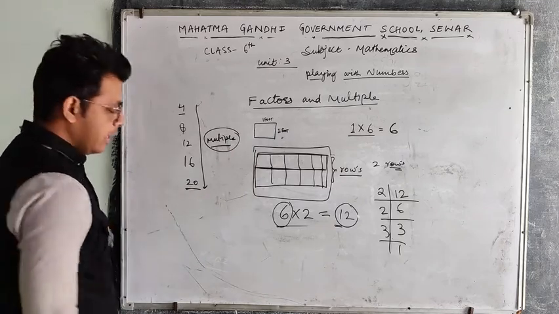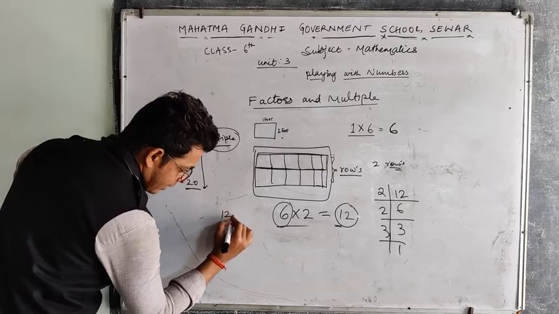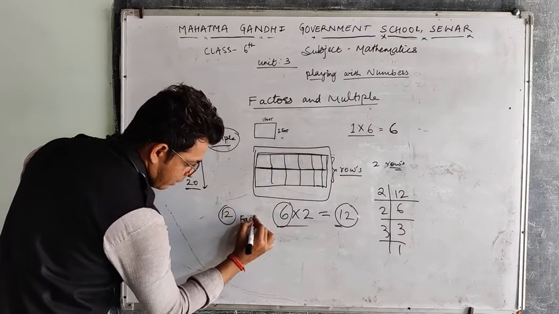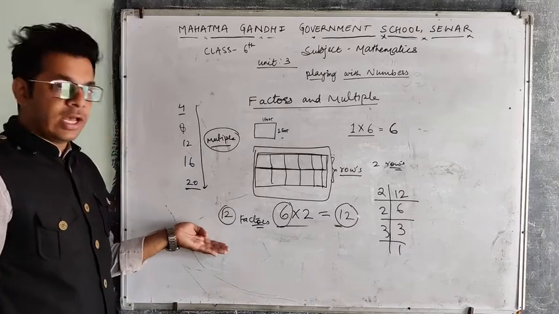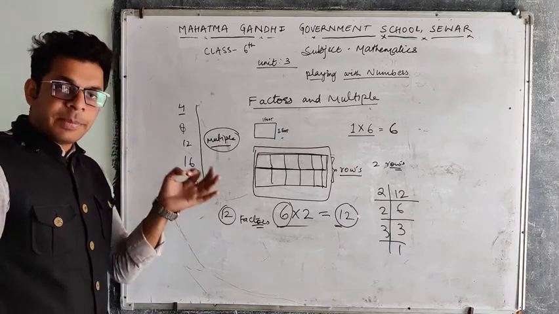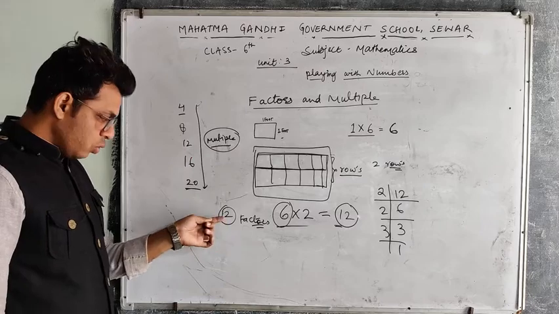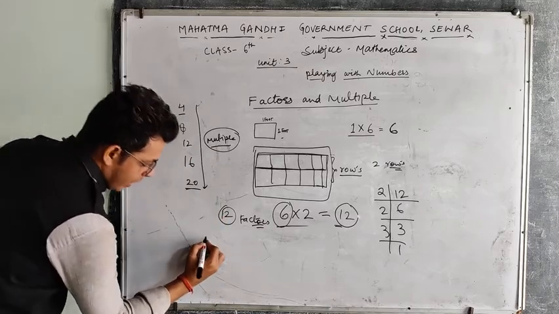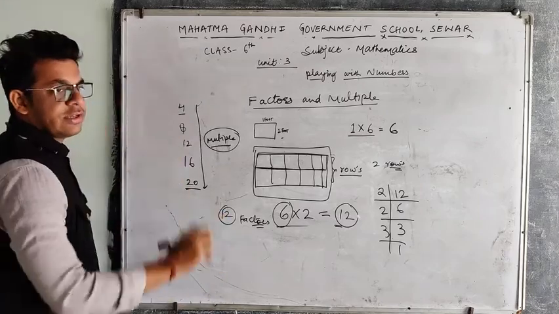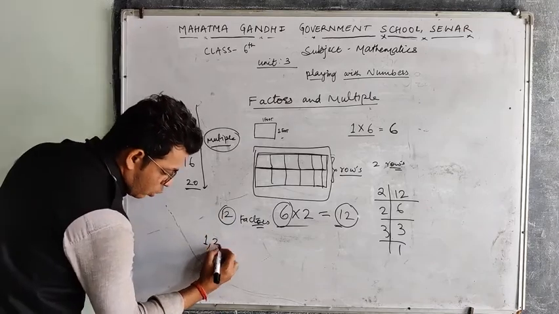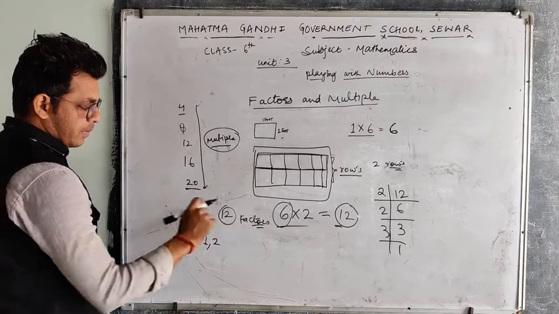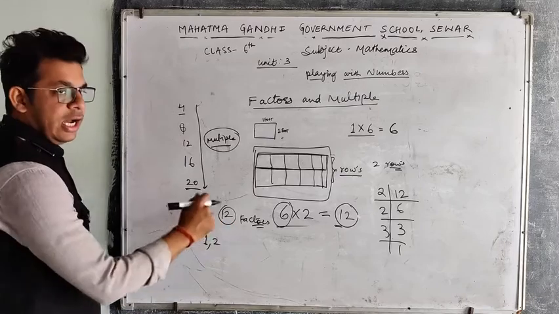If I write factors of 12, it means whatever number is a factor of 12 should divide 12 completely. How? If I write 1, 12 is divisible by 1. If I write 2, 2 sixes are 12.